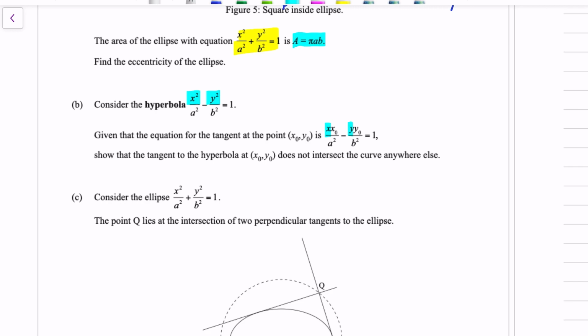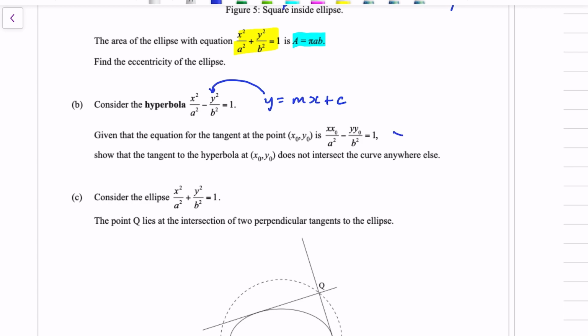Everything else is the same. So that's quite a handy thing to memorize, because if you wanted to find that equation normally, what you would do is say y equals mx plus c is the equation of a tangent, substitute it into the hyperbola, and then solve a quadratic equation, make the discriminant equal to 0, and go about that process to find the equation.